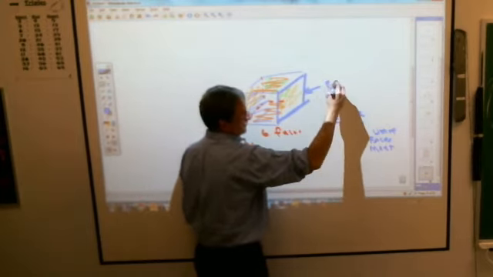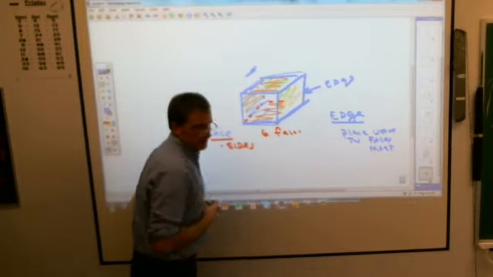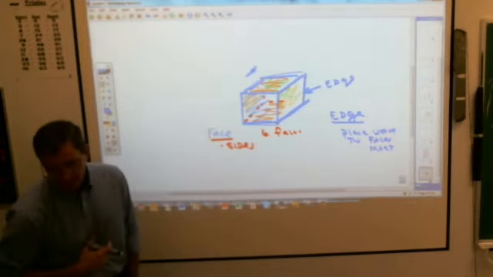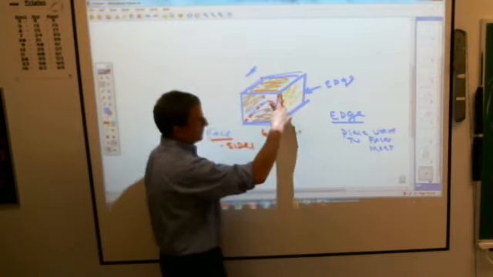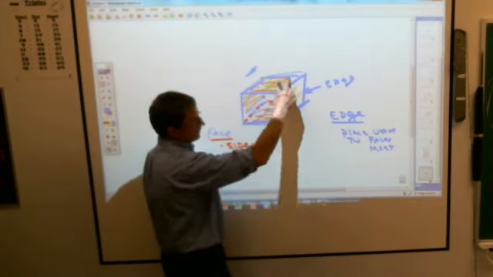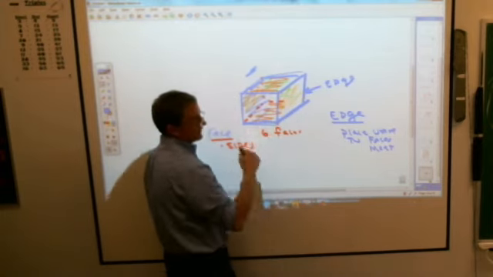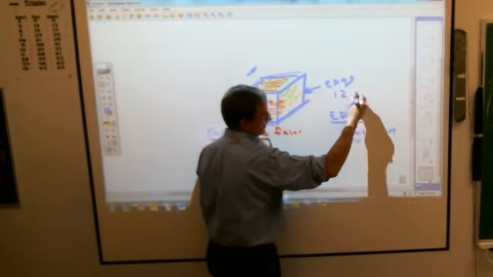Then you've got these edges here, and you've got these edges here, and you've got these edges we can't see here. How many edges does that shape have? Who's got the count on the number of edges? 12 edges? Yes. You've got 4 right here. You got 4 that go around parallel around that, and you got 4 on the back side over there. So that has 12.